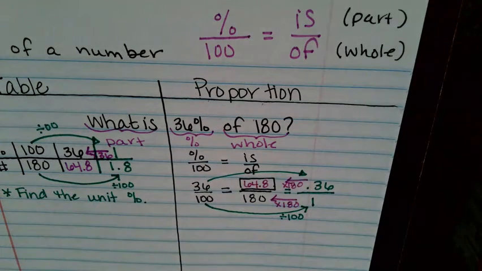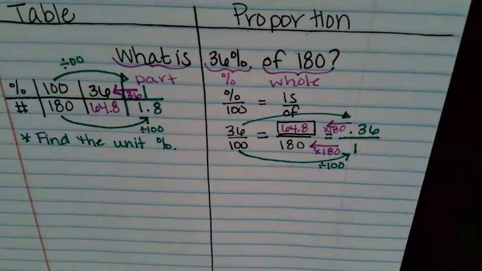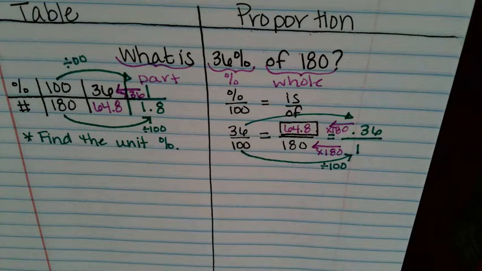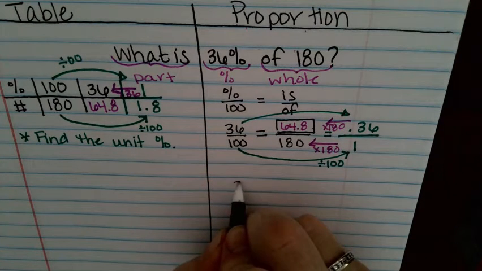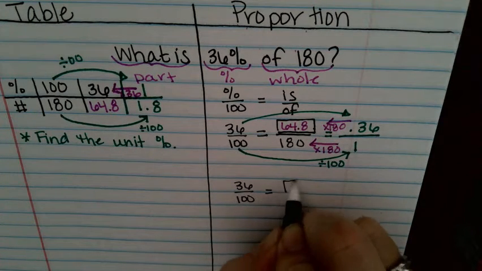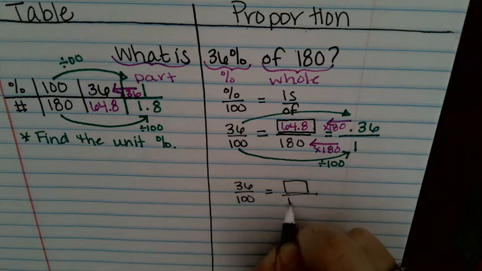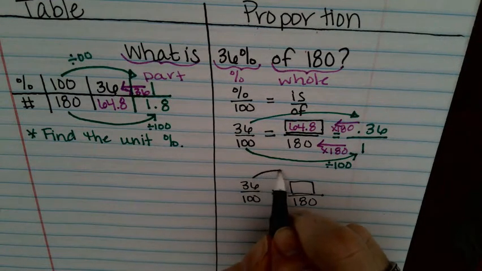Now I want to show you another way that skips this part. This is only if you are ready for this. This is kind of a shortcut, but remember how we had 36 over 100 equals some number over 180, and I wanted to know what I needed to multiply 36 by.